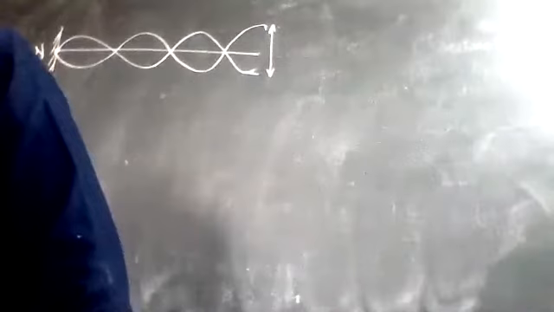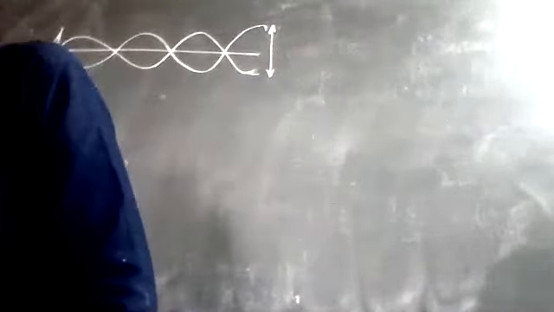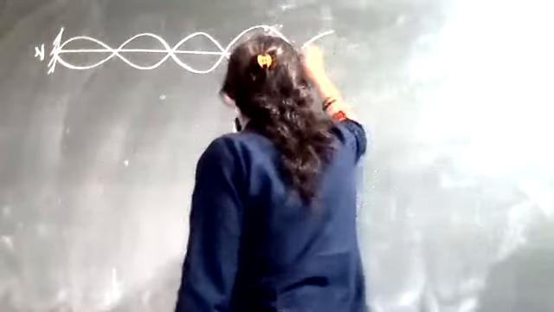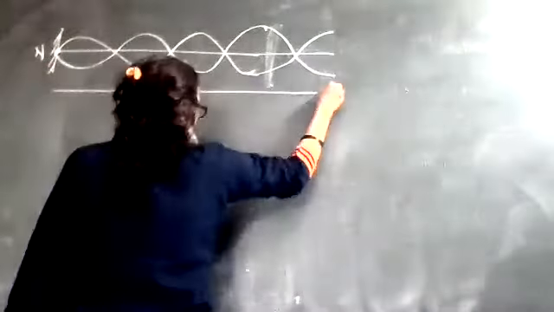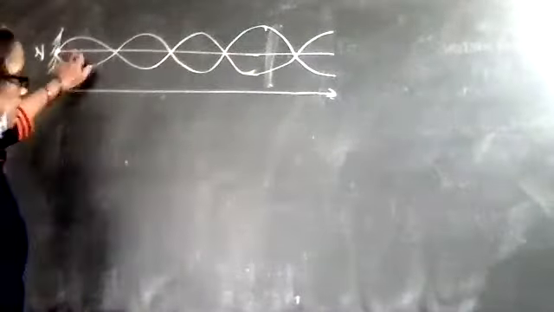Now what have you been given? It is vibrating with frequency 15 Hertz. Due to the stationary waves, 4 complete loops are formed. So 4 loops are completely formed. This total length is what? 4 loops, and the length of each loop is lambda by 2, plus lambda by 4 for the half loop.